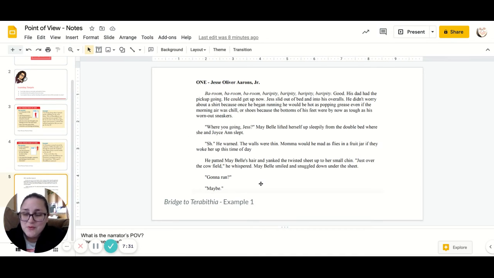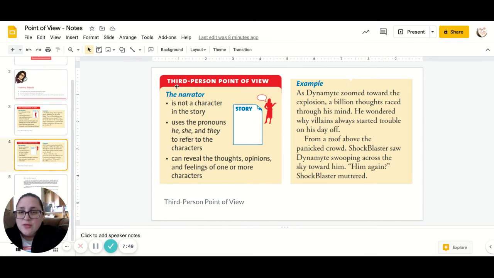All right, and he keeps going. You're welcome to read the rest if you want to, but let's take a look at this first paragraph. Let's look at those pronouns. His, he, his. So we're seeing a lot of he. So let's go back to our third person point of view notes. Uses the pronouns he. All right, I'm thinking that this is a pretty clear indication that we're looking at third person, and it can reveal the thoughts, opinions, and feelings of one or more characters.